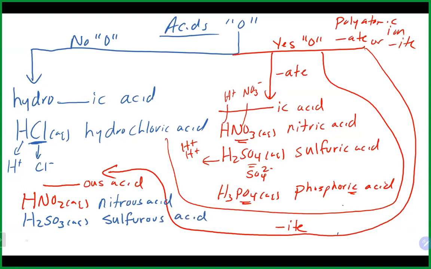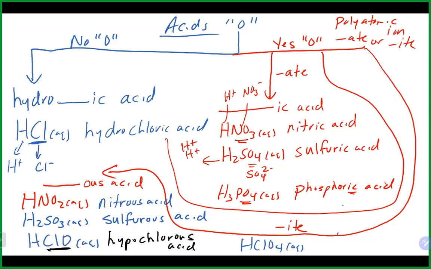How about HClO? What would that one be called? And what would HClO4 be called? Here we see it has oxygen, so that's a polyatomic ion. That is ClO minus, which is hypochlorite. And you do keep the hypo in the name here, so this would be hypochlorous acid.